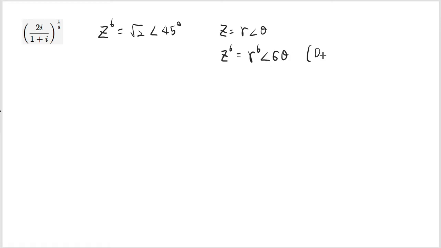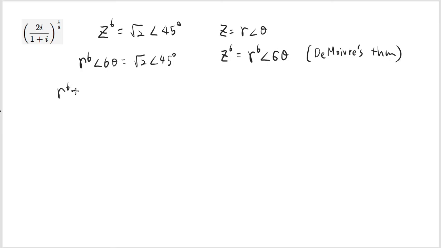This is called de Moivre's theorem. Therefore I can replace the left side as r to the sixth power angle 6 theta equals radical 2 angle 45 degrees.